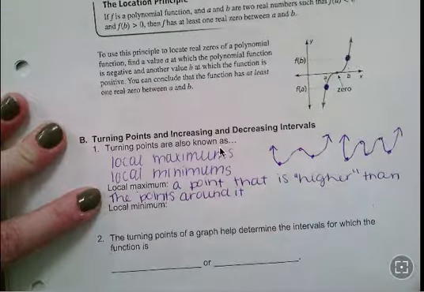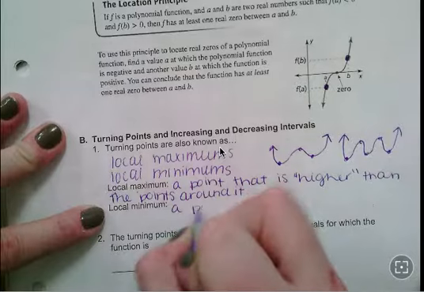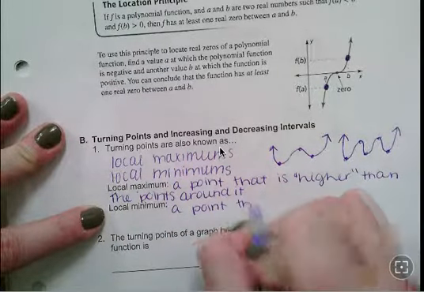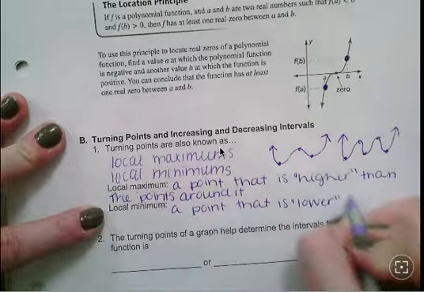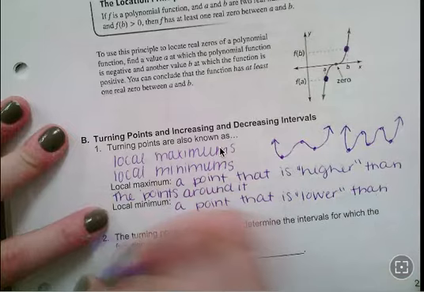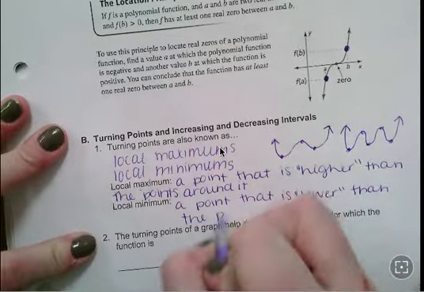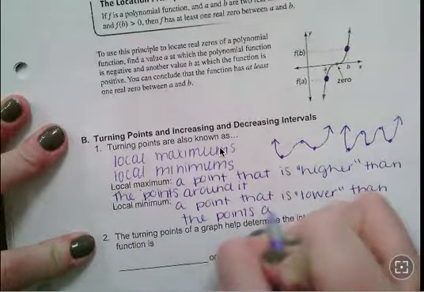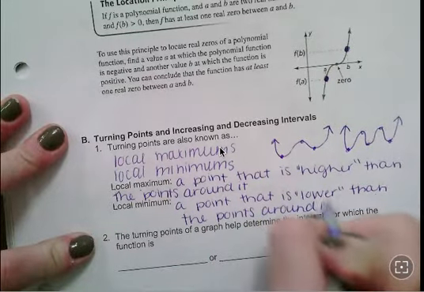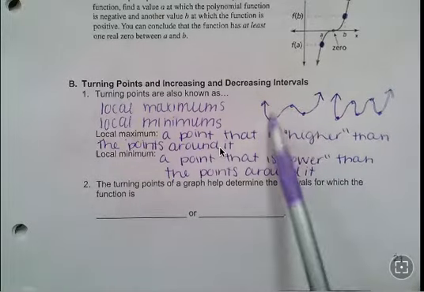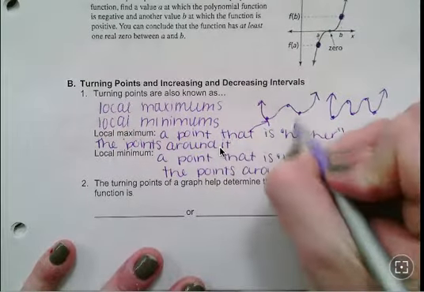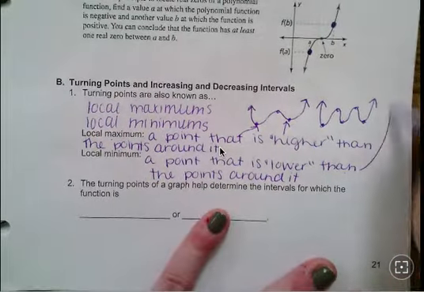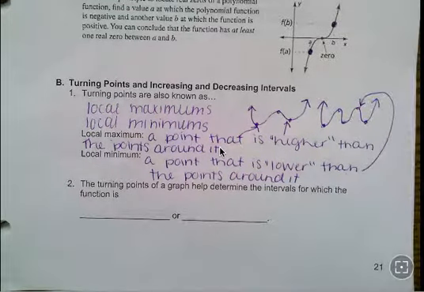Okay, and similarly, a local minimum is a point that is "lower" than the points around it. That's just definitions of the pictures that I just drew, basically. You might even be able to draw arrows. Those are local minimums. That's a local maximum. Pictures help you guys.